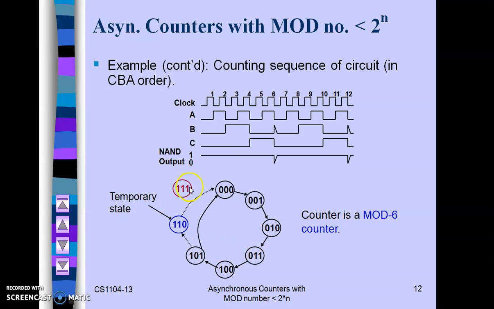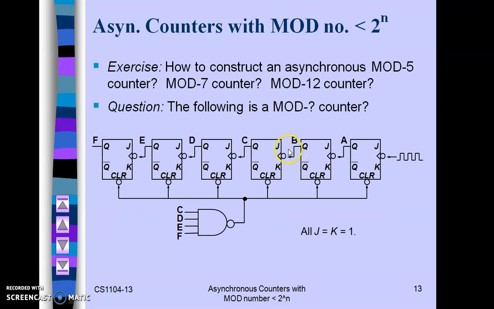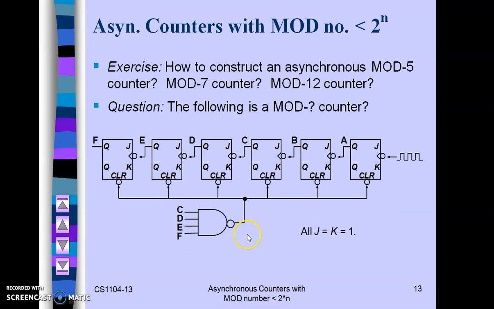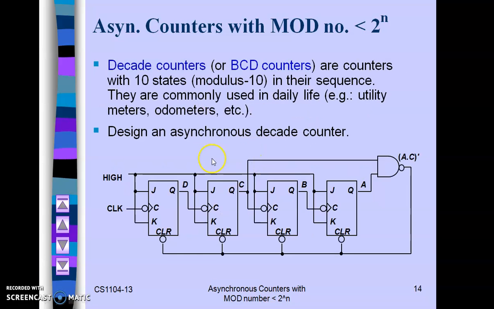These 6 states will be counted and these 2 states will be skipped. Once again it will count from 000, 001, 010, like this. So this is a mod 6 counter. Like this we can create mod 7, mod 12, depending on your choice.